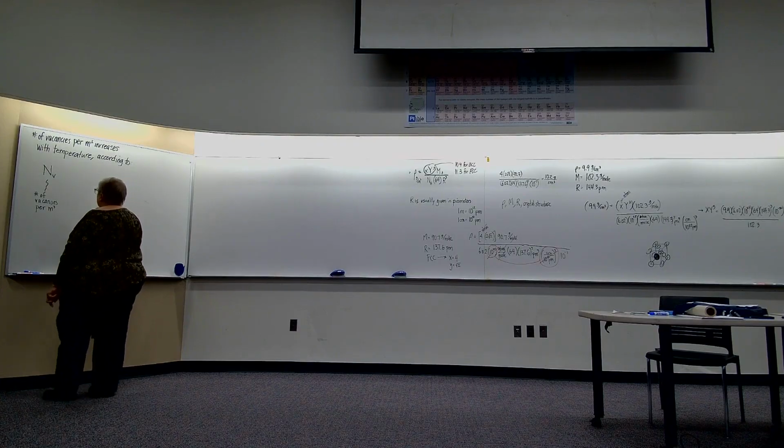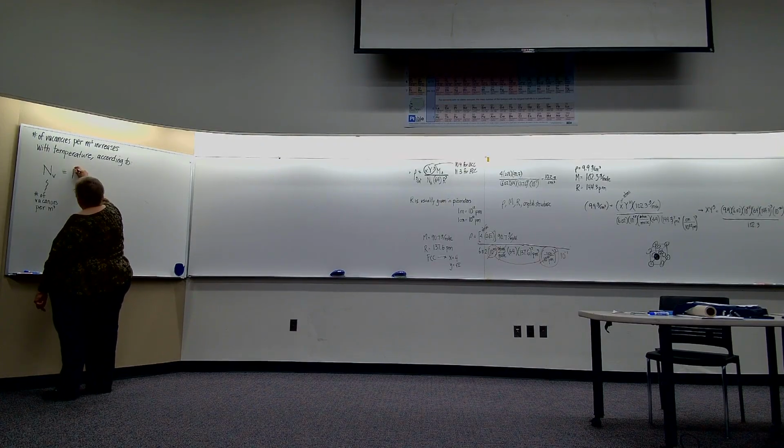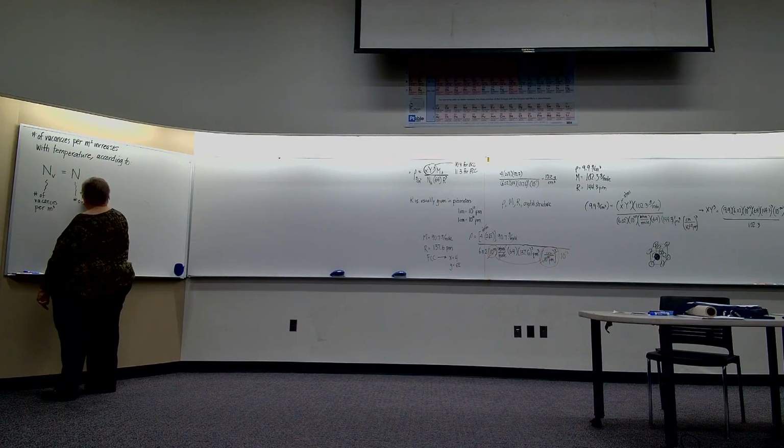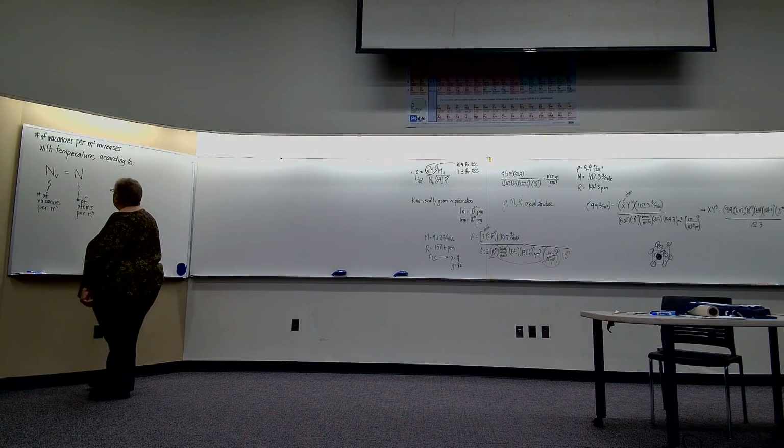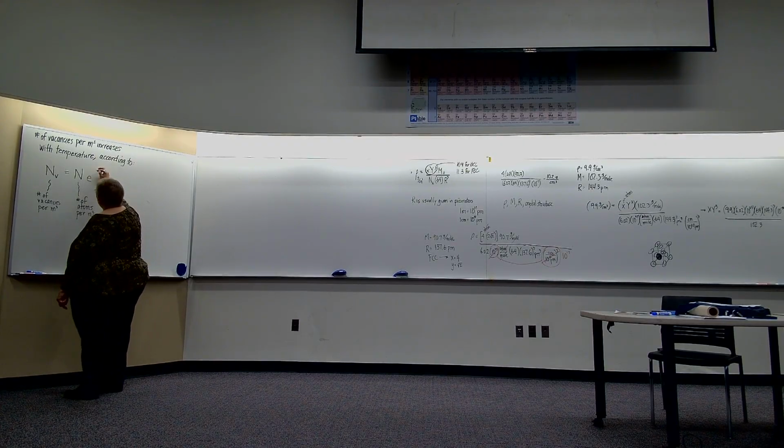Number of vacancies per cubic meter is equal to the number of places there could be a vacancy, which generally is the number of atoms, times e to the minus Q sub V over kT.